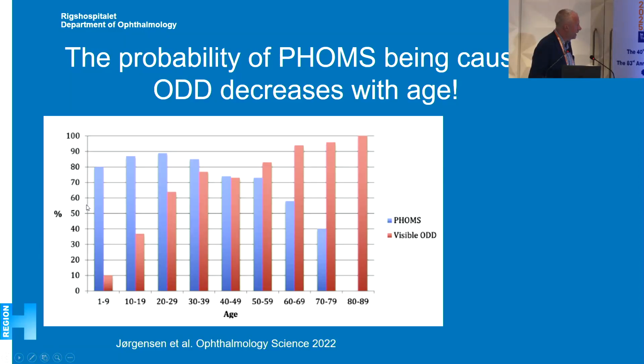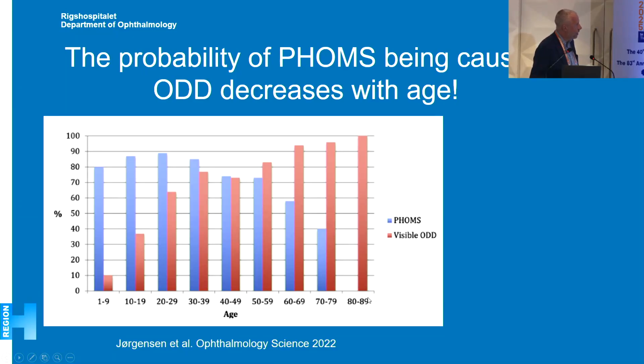These are the blue bars here in age. This is for more than 400 patients we've looked at. And when you have FARMS due to optic disc drusen, you see 80% of those below 10 years old actually have FARMS. But then when you get older, the FARMS goes down.